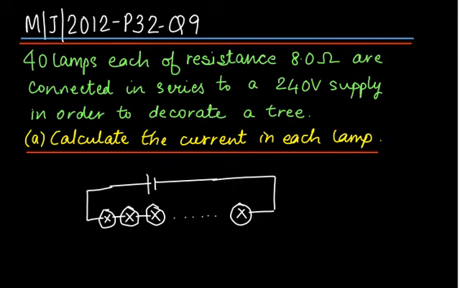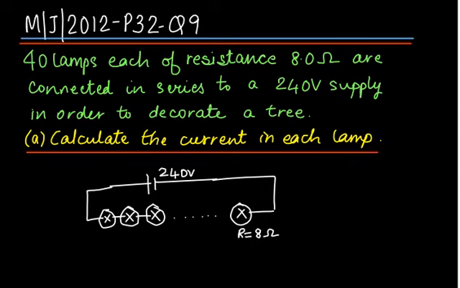That's what they have said. The 40 lamps are in series, and the resistance of each lamp is 8 ohms. They are connected in series to a power supply of 240 volts. So there is a power supply of 240 volts, and in series with it there are 40 lamps, each with a resistance of 8 ohms.